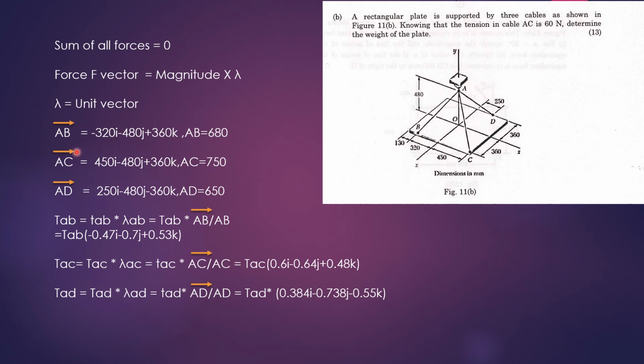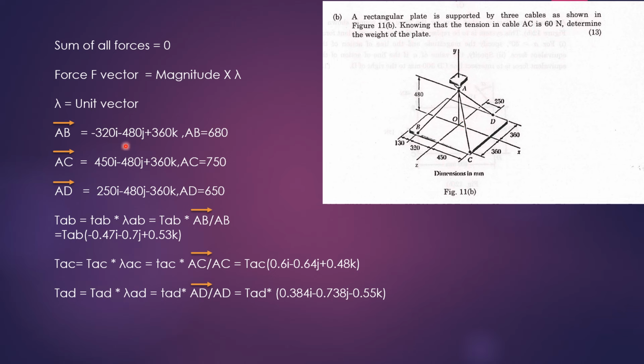When you make the AB vector, we are marking it from A to B. The B point is minus 320 i, because from the 0 it is on the left side, minus x. In y, from this A point it is 480, also in negative direction, because above A it is positive y, below A it is negative y.